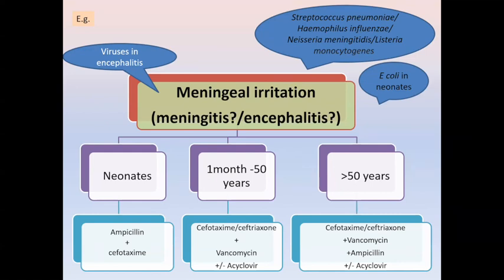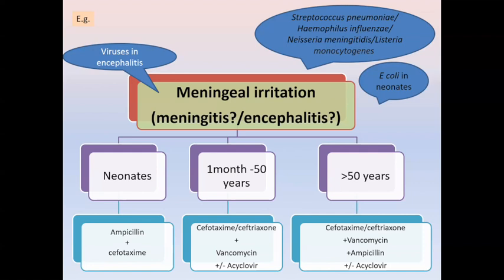But from 1 month to 50 years, the common organisms are pneumococcus, Haemophilus to some age, and Neisseria meningitidis. So you can give cefotaxime and/or ceftriaxone plus vancomycin, because Streptococcus pneumoniae is shown to be resistant, not always, but we have resistance to cefotaxime.